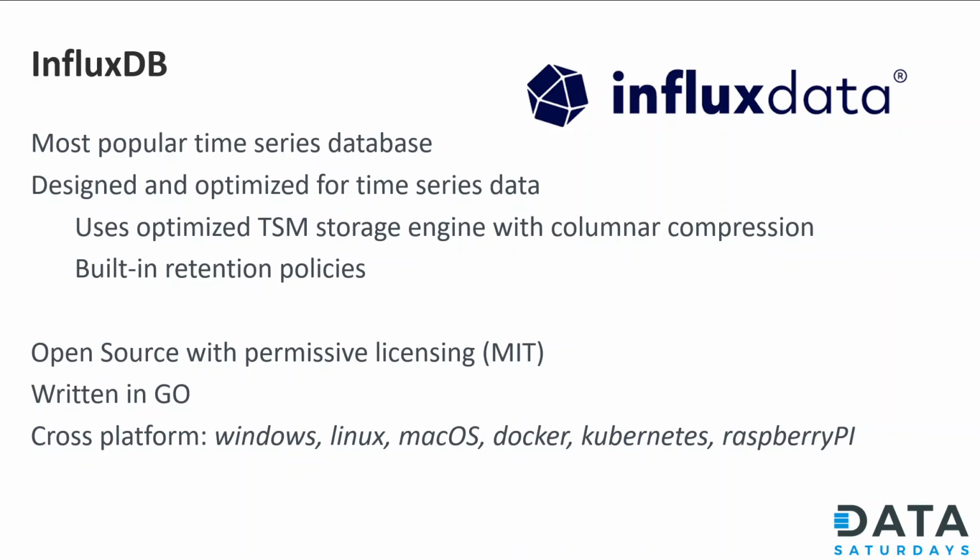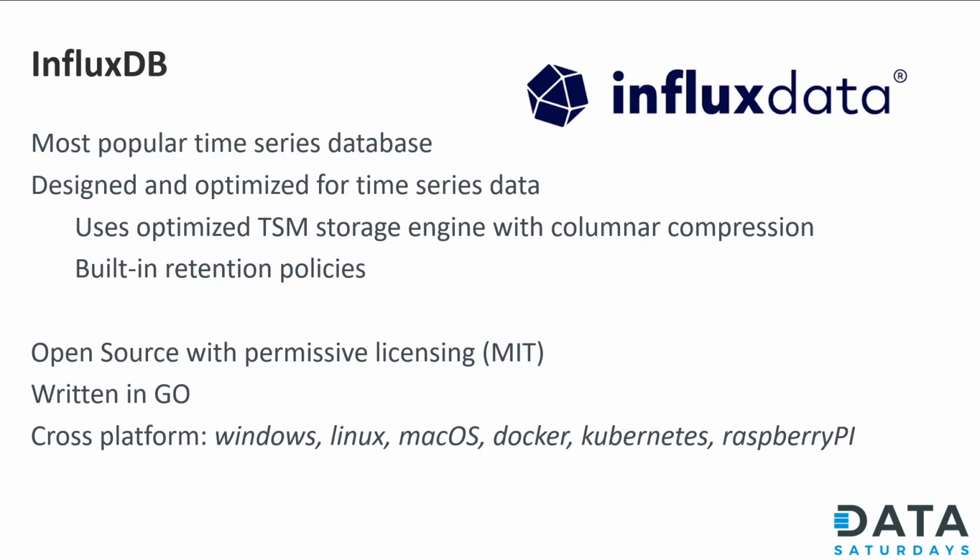One of the things that contributed massively to the success of InfluxDB is its licensing. It is very permissive, so you can use it in your own projects, and you can distribute it, and you don't need to pay any fees to Influx data.